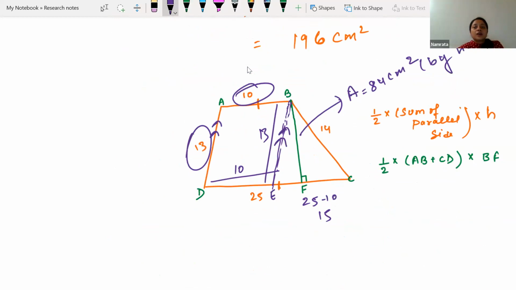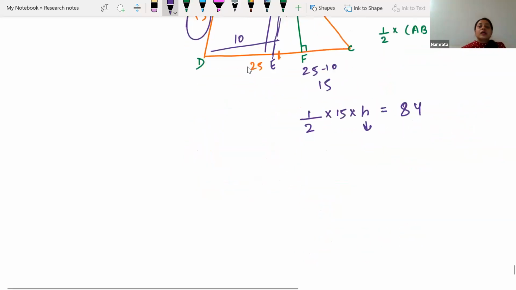And then this triangle's area we used for finding the height of the triangle. So this area must be equal to 1 by 2 into base, that is 15, into height, not known, is equal to 84 centimeter square. This height BF we got from here, that is 56 by 5.